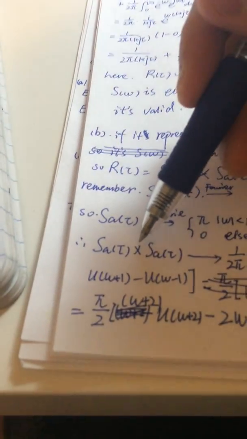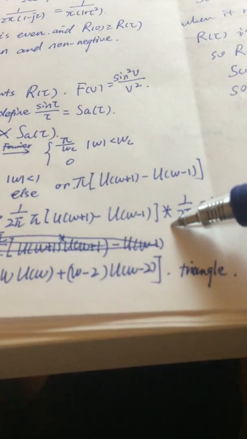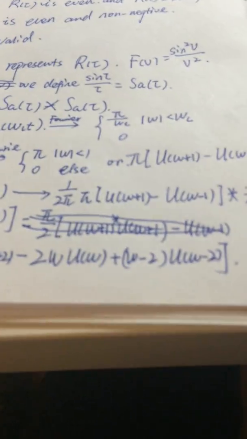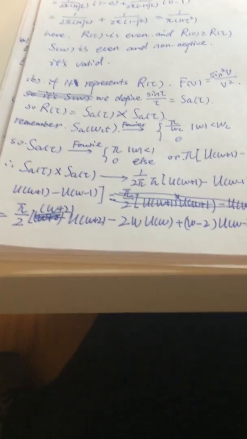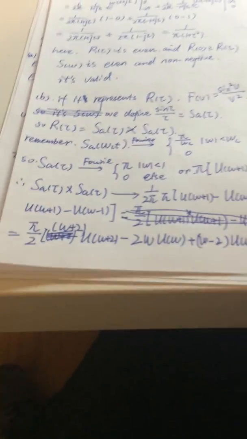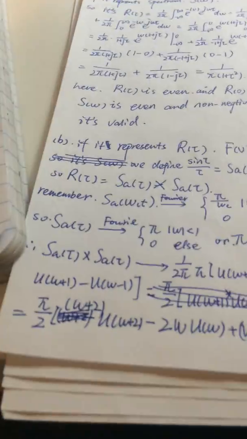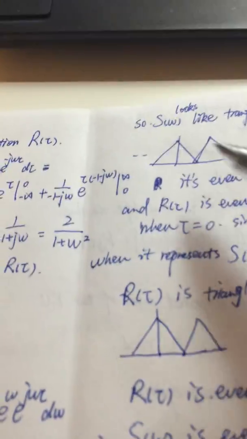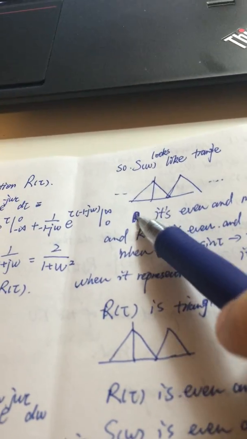Multiplication in the time domain equals this in the frequency domain. So I try to find this in the frequency domain and finally get this answer. Now I sketch it from the graph, and find it is like a rectangle. Not a rectangle, I'm sorry, a triangle. So S(w) looks like a triangle, like this.